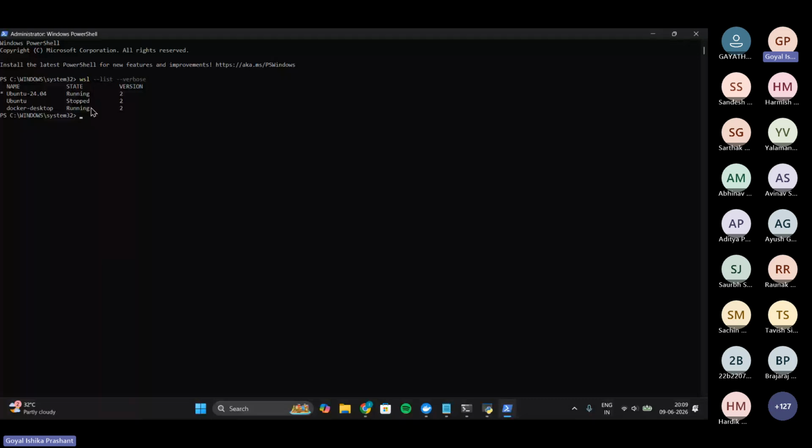Since I have it installed, it shows me this. But if you don't have WSL, then it's going to return nothing. So in that case, you have to type in the command to install it and then hit enter. So I hope everyone has typed this.